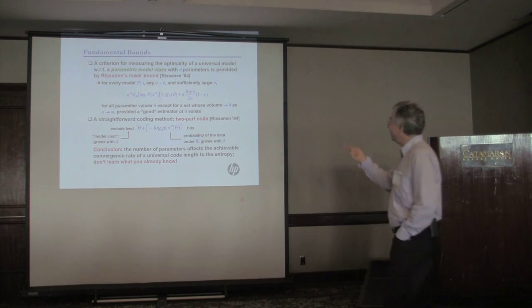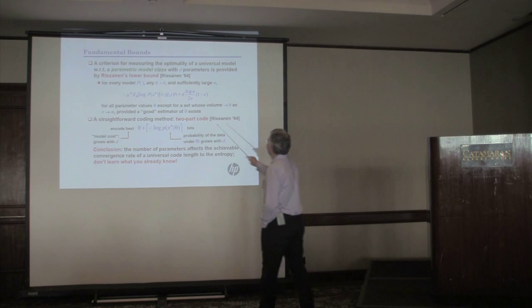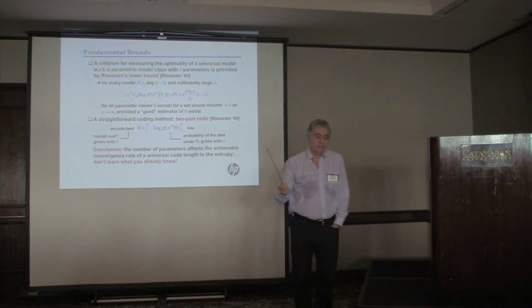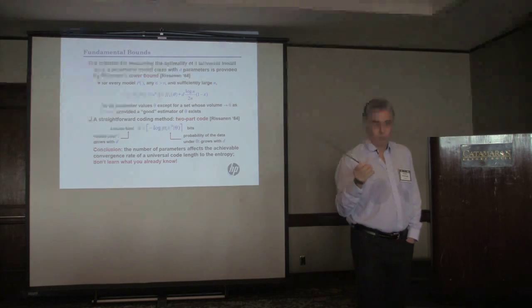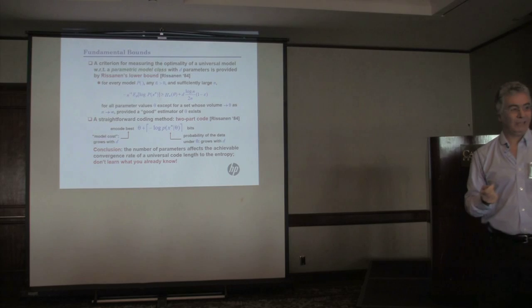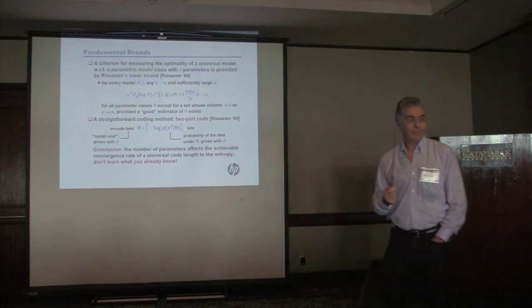In this case, since it's a parametric model class, with the number of parameters in the class, this D here. So the larger the class, and that makes sense, what the bound does is to quantify that penalty. The larger the class you are competing with, the larger is your penalty.